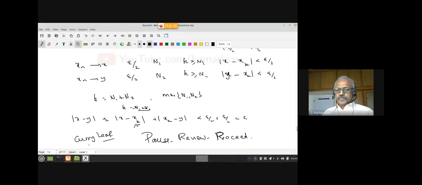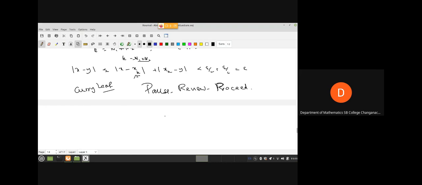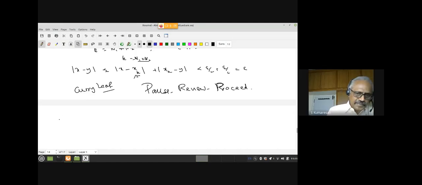Just for the purpose of estimating mod x minus y, I used it. That's it. How many of you understood? Please raise hand. Some teacher, if gives the number something like 10, 15 or some such thing, I'll be happy. So more than 15 now. Very good, excellent. Good, I'm happy.